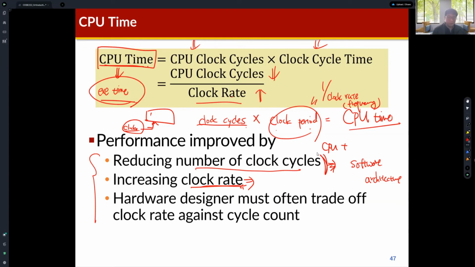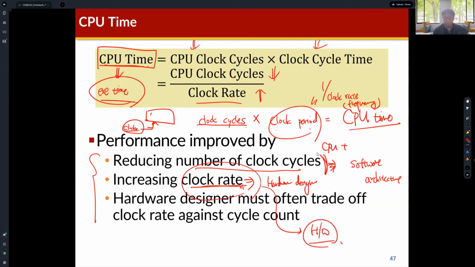Clock frequency is determined by hardware design, which means the clock rate is determined by the design effort or design techniques, like the hardware implementation of a CPU.